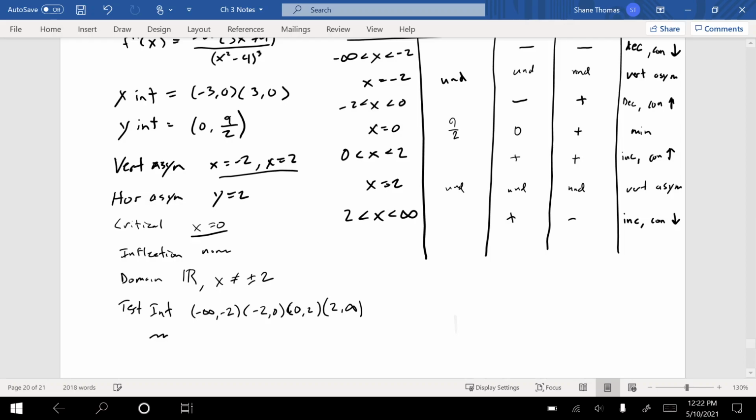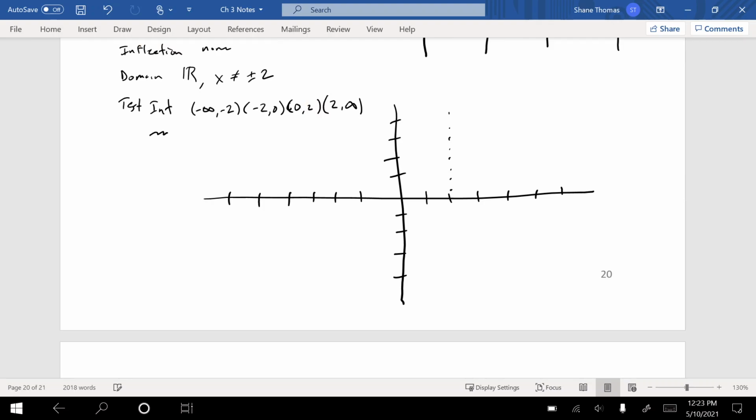All right, so I got vertical asymptotes at 2 and negative 2. Okay. I actually have a horizontal asymptote at 2. So there's my asymptotes.